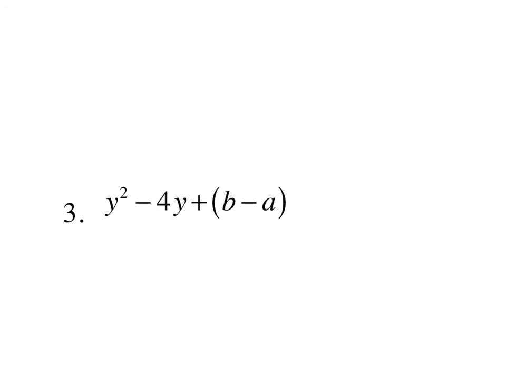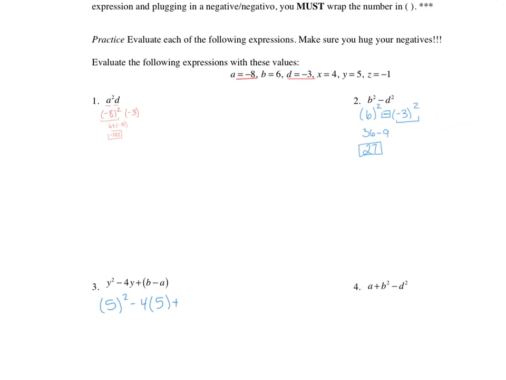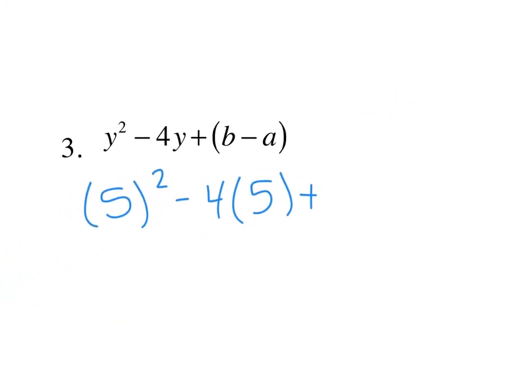So I have 5 squared minus 4 times 5 plus, we now need to do what b minus a is. We said b was 6 and a was negative 8. So I have 6 minus a negative 8.